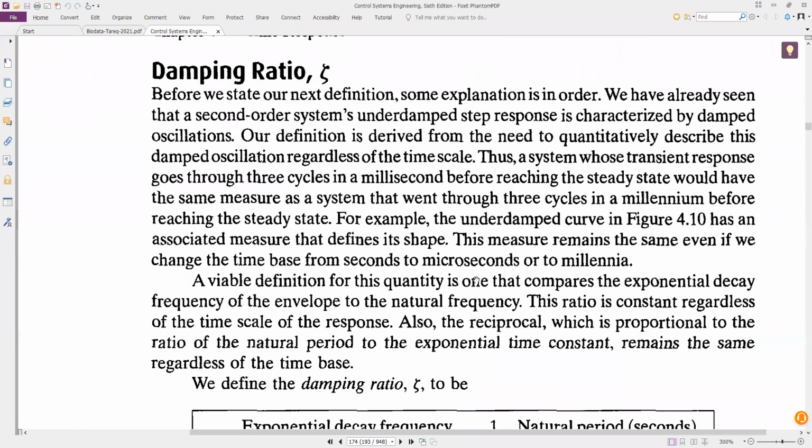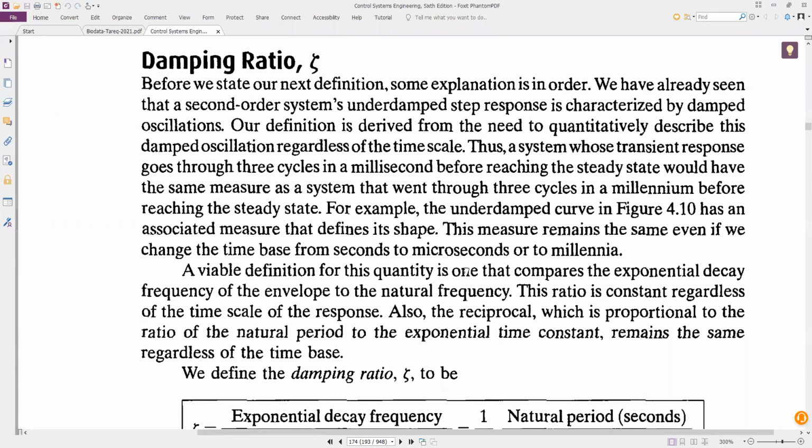And another term, which is the damping ratio. Before we start the next definition, some explanation is in order. We have already seen a second order system's underdamped step response. A system whose transient response goes through 3 cycles in a millisecond before reaching the steady state would have the same measure as a system that went through 3 cycles in a millennium before reaching the steady state.